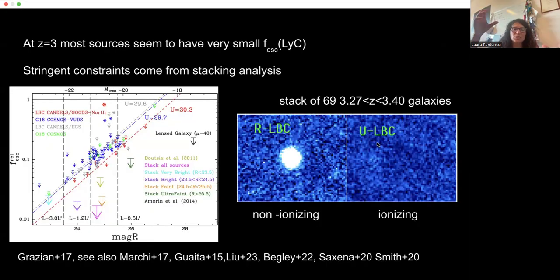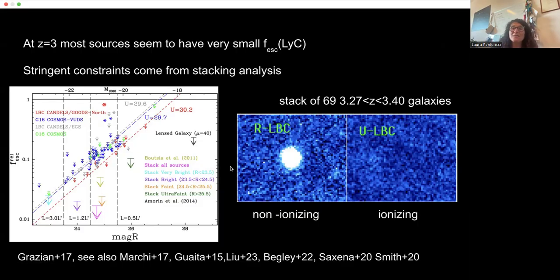So what he did is basically put all the flux together, and so you have this very bright source, and he was hoping that something would pop up in the U band that would tell you that on average these 70 sources have maybe 5-6% ionizing leaking radiation. But in this case, he again just got a limit. So this was just a deeper limit, and the limit was actually a few percent.